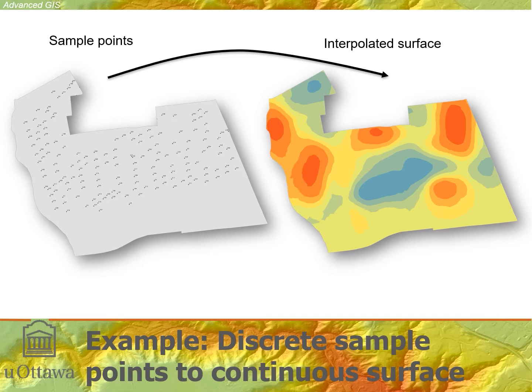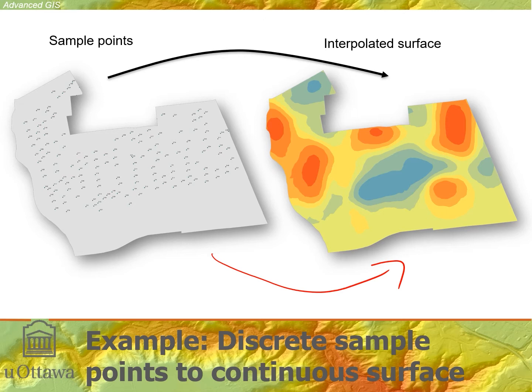And so we can see the numbers here and numbers associated with points, but what if I want to know the value here, or estimate a value here, or here, or here, or over here, or over here? Well, I don't have samples there, so I have to use interpolation. And via the interpolation methods, I can create a map that looks like what you see on the right here, that shows the continuous estimate across space of the values.